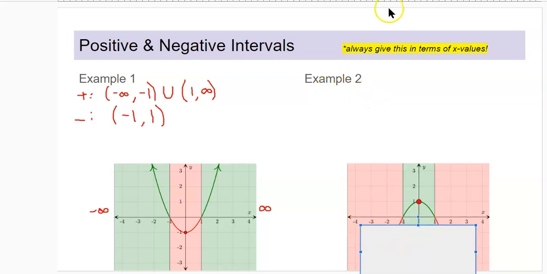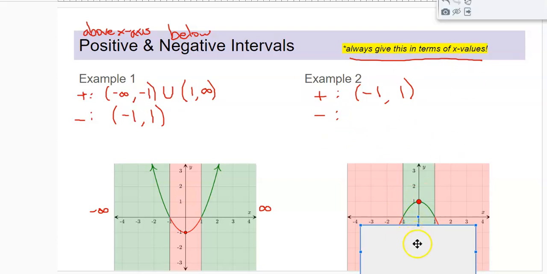Between -1 and +1 is where the graph is above the x-axis. All right, so positive is above the x-axis, and negative is below. And we always give this in terms of x values. The positive portion goes from -1 to +1.